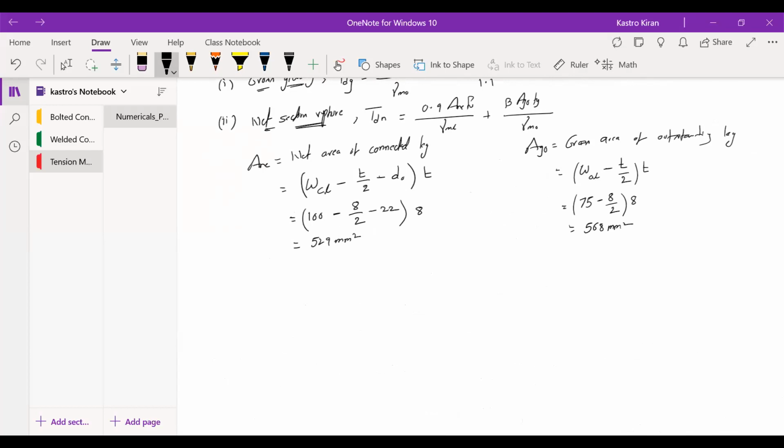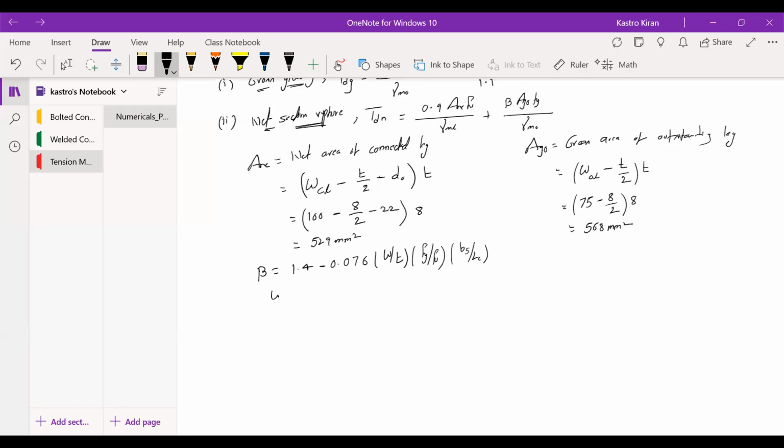Now we need to find out the value of beta. You know the formula. Again, refer clause 6.3.3. The formula is 1.4 minus 0.076 into W by T into Fy by Fu into Bs by Lc.